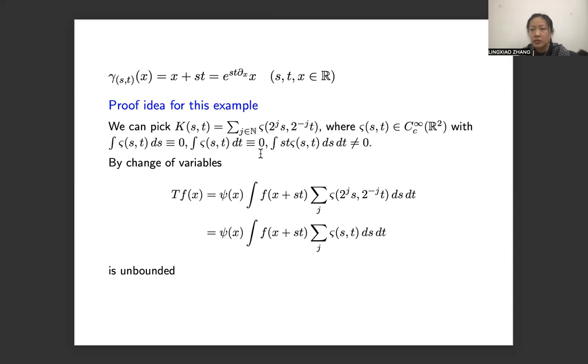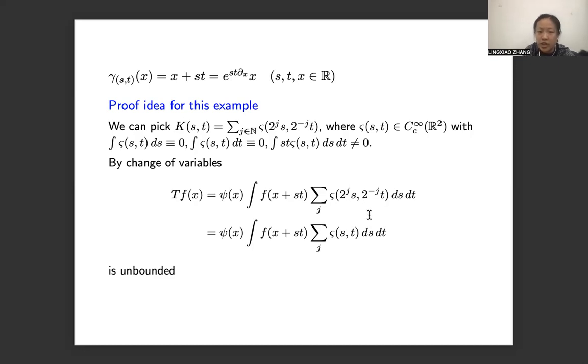And in addition, we require that when sigma is integrated against st, it's non-zero. Okay, let's see. Now our function Tf(x) becomes, with f(x plus st) inside, the summation over j of sigma dilated by 2 to j and 2 to negative j, which is our kernel.